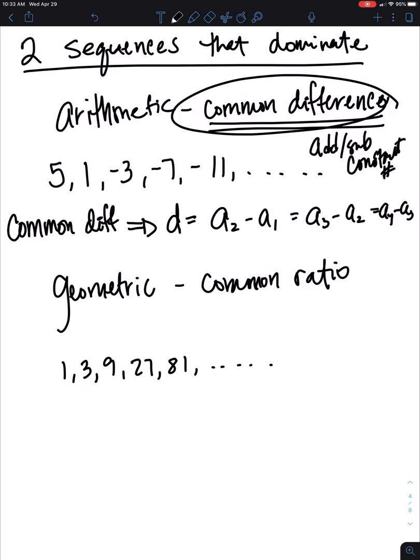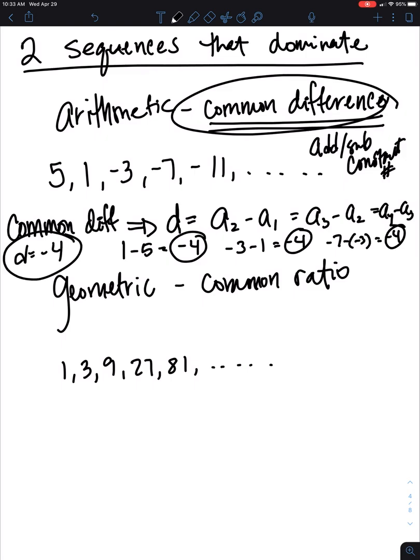In this case we have 1 minus 5, that equals negative 4. To check, negative 3 minus 1 equals negative 4. What about negative 7 minus negative 3? That equals negative 4. So we have a constant difference, and here the D is negative 4.